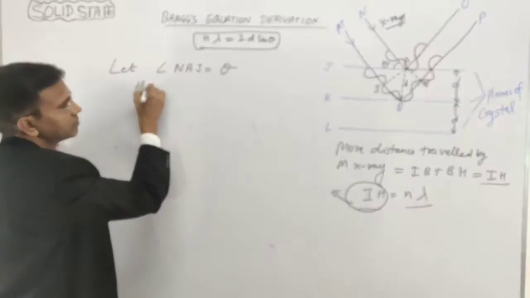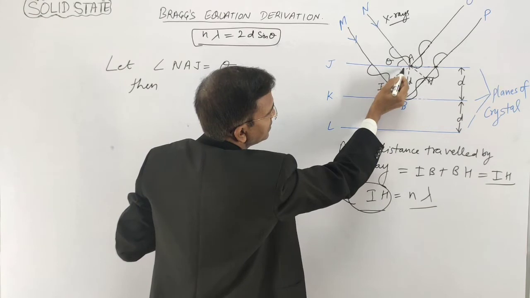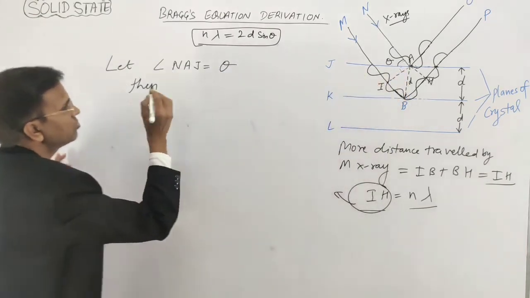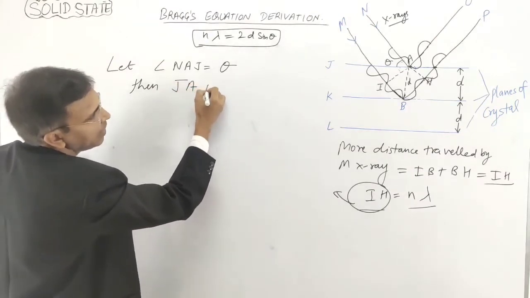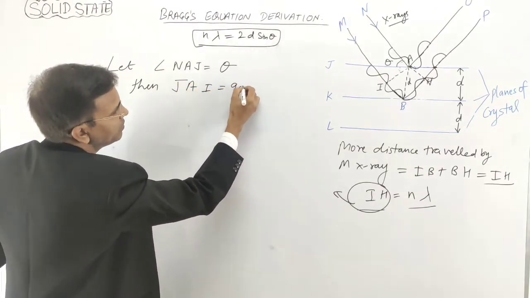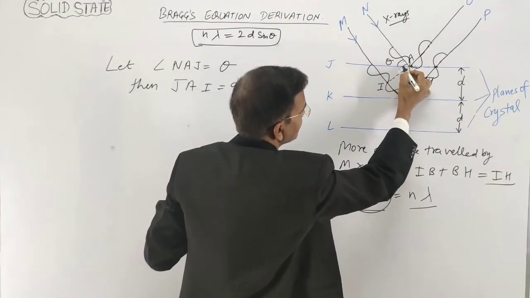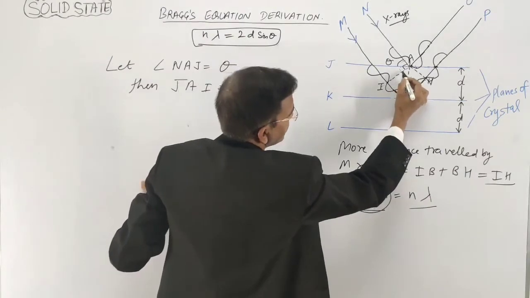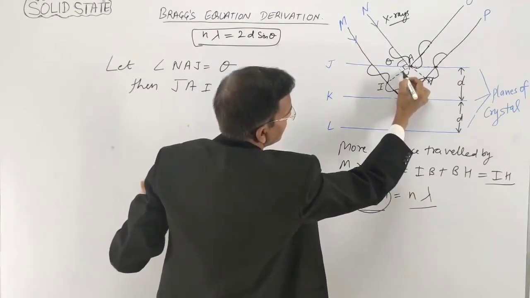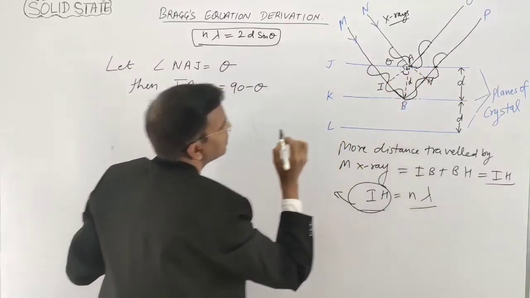Then this angle will be 90 minus theta because this is 90. So angle JAI is equal to 90 minus theta, right? Because this is 90. Right? Now this angle, because this is also 90, this is also 90.